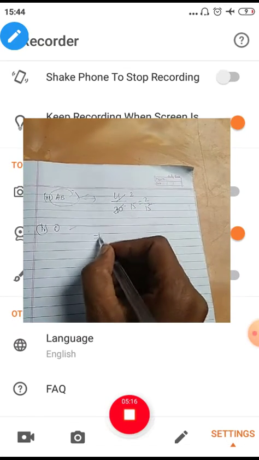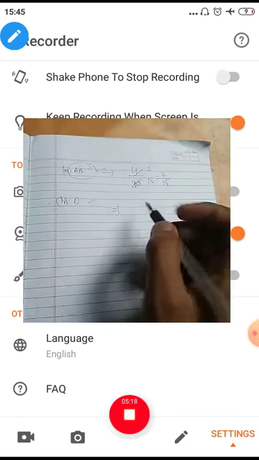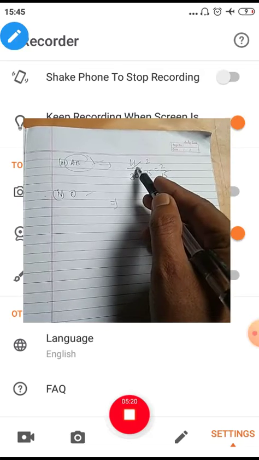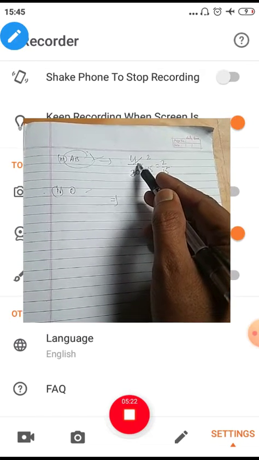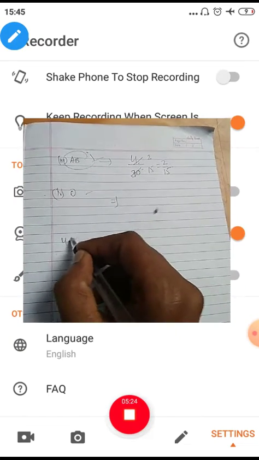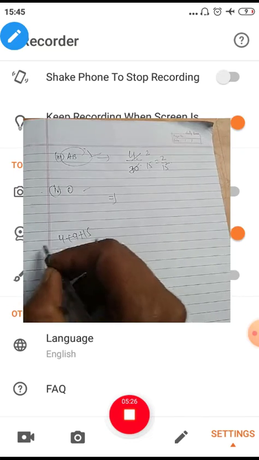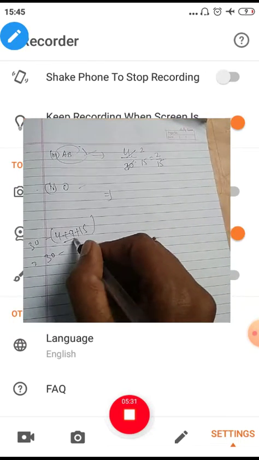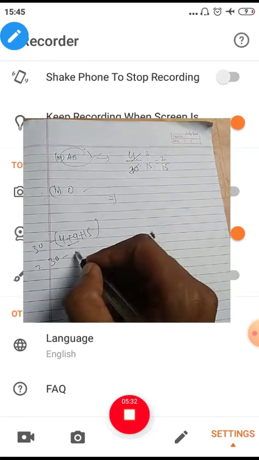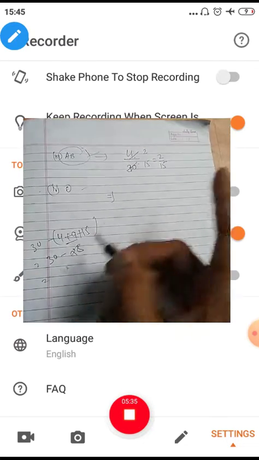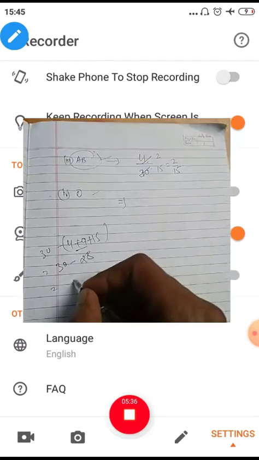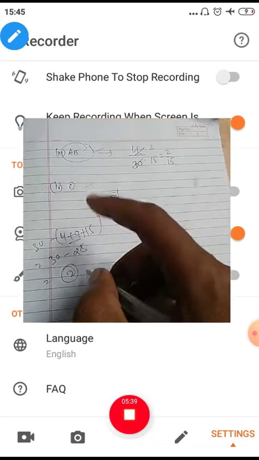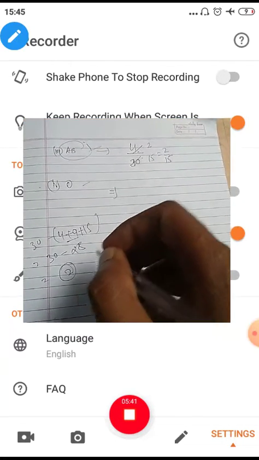Now for this, 4, 9, 13, 4 plus 9 plus 15, 30 minus this, so 30 minus 4, 9, 13 plus 15, 28. It is wrong.